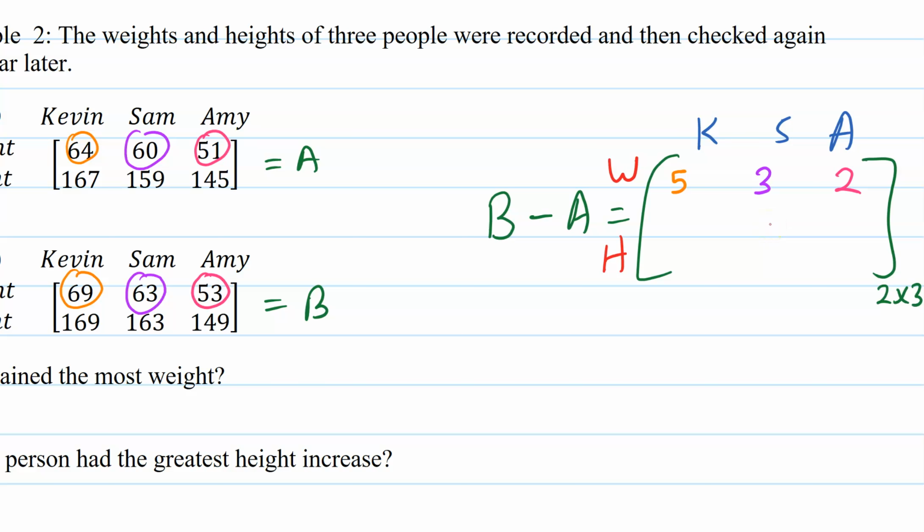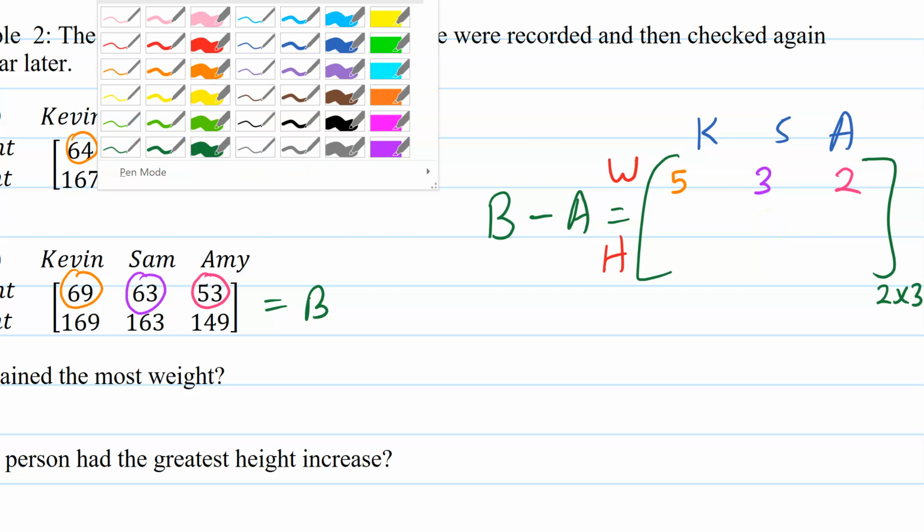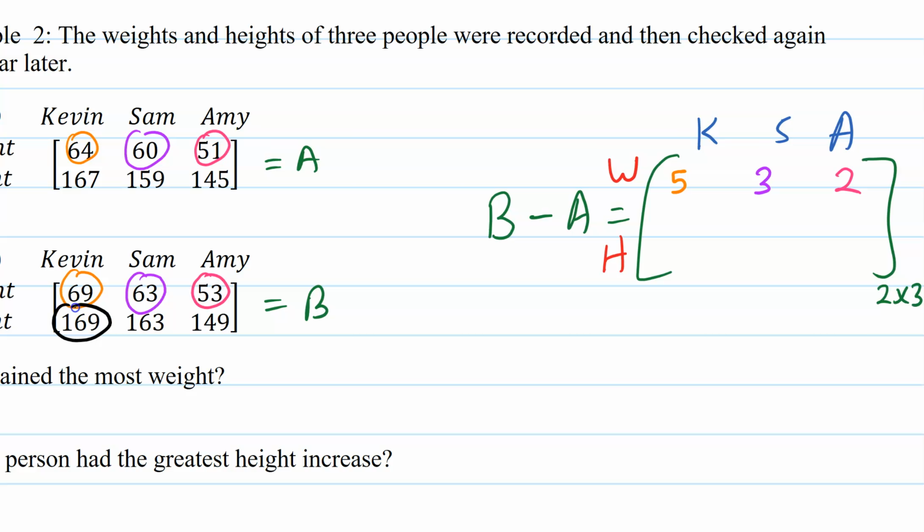Likewise, I would perform at the bottom, where 169 minus 167, 2, and then 163 minus 159, 4, and then finally 149 minus 145 is a 4.